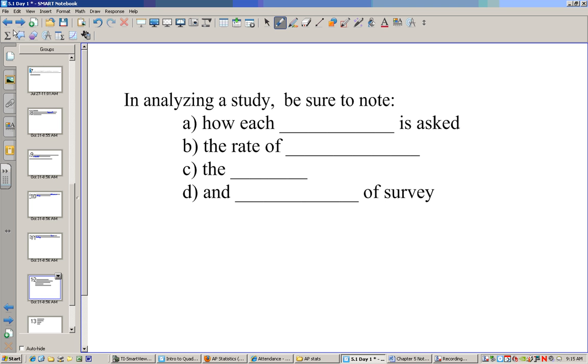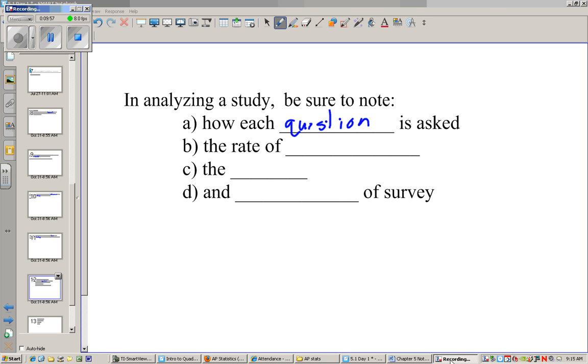Now, when you're analyzing a study, make sure you know how each question is asked. Make sure you look at the rate of non-response. We want to check the undercoverage.